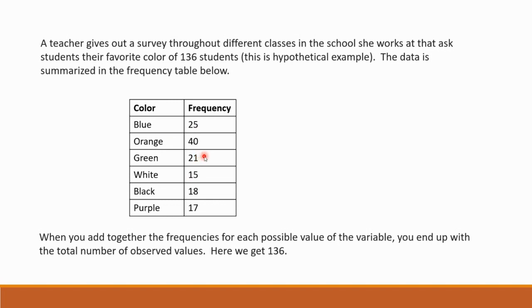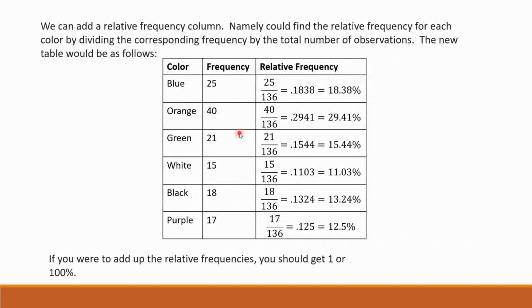And there we go. And we can add a relative frequency column. Again, as I said before, we get the total. The total, as we said, you add up the frequencies, 136. And the relative frequency is you're taking the frequency and dividing by the sum.